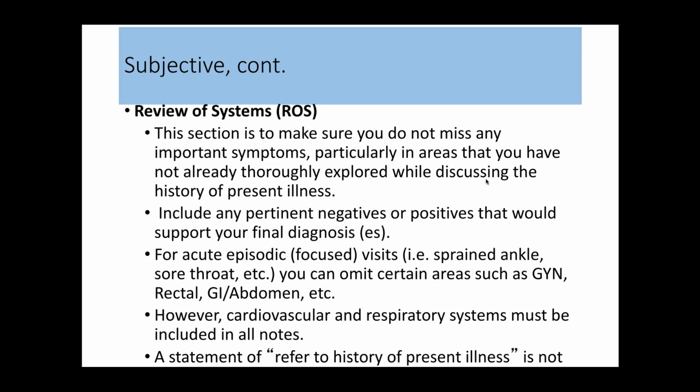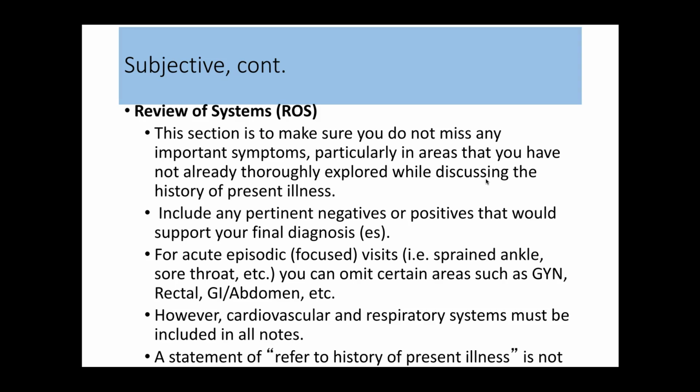Now the last word's cut off, you can't see. It says a statement of refer to history of present illness is not sufficient. So if you're going through each system, you can't just say see HPI, because there will be a lot of experiences, I think, where you'll see the review of systems say that. That's not sufficient.